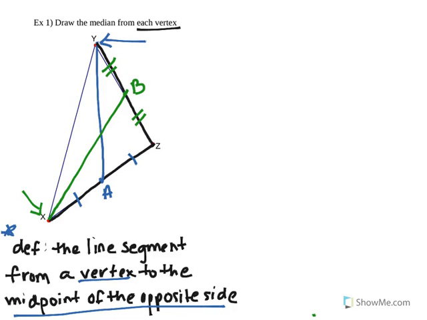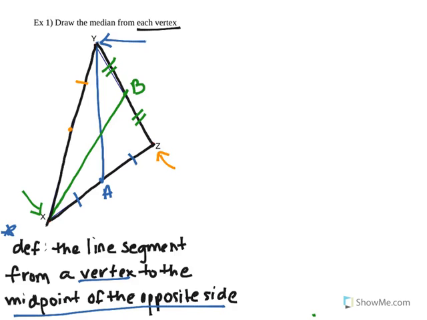And lastly, let's do the vertex Z. Following again the same process, I know that the side opposite of Z is XY. And I find the midpoint, which is around, I'd say, here.